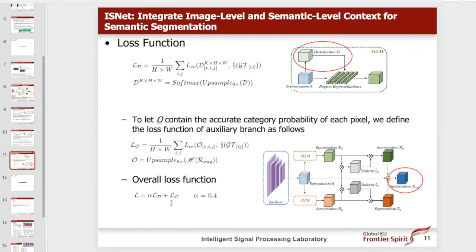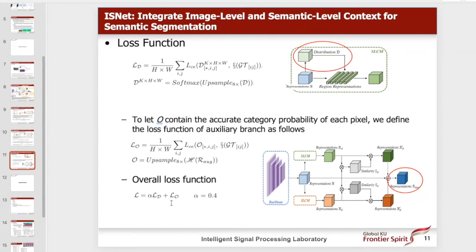So that L sub D is the loss function generated from only the semantic level context module. And I guess this O is really the combined output that comes from both ILCM and SLCM.